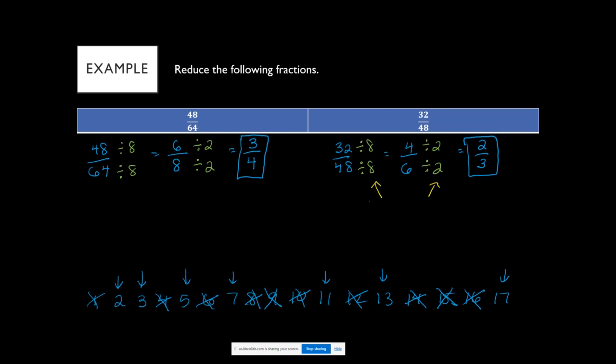If you know clocks really well, you can do your times tables for 12. Or like 15, 30, 45, 60, your multiples of 15 because of the divisions of an hour. So if you try to put these numbers in terms of things you know, it can help you.